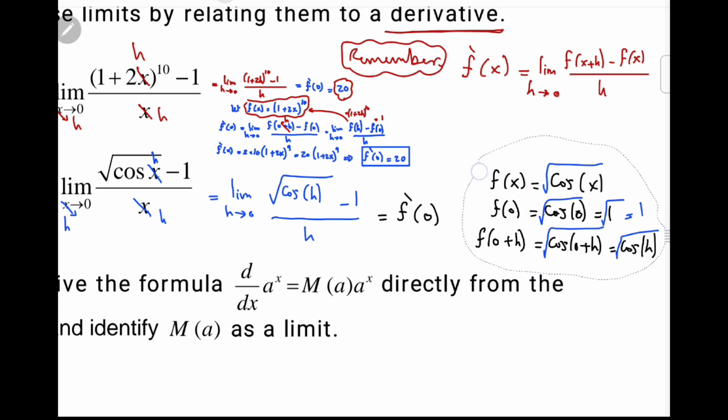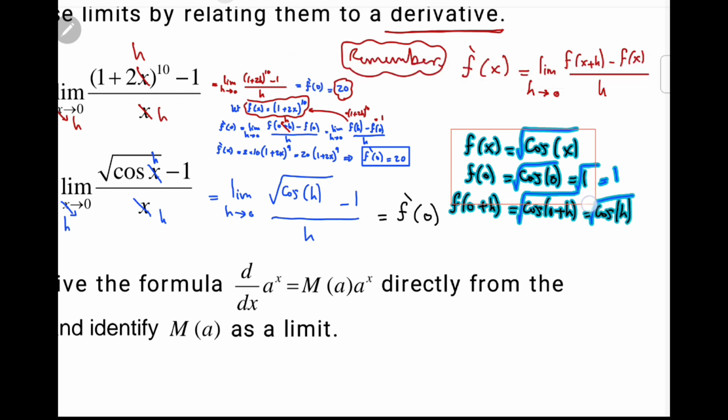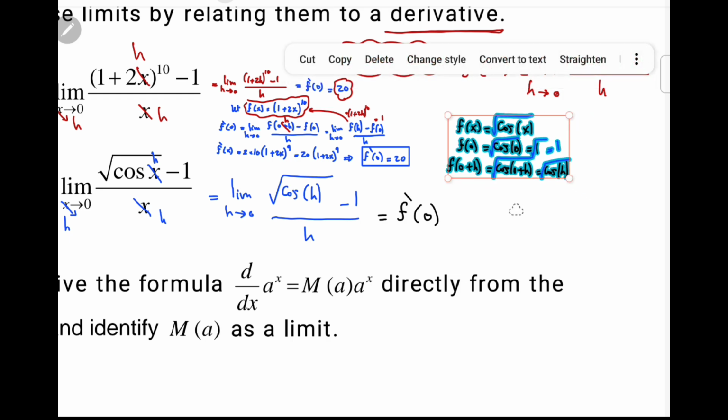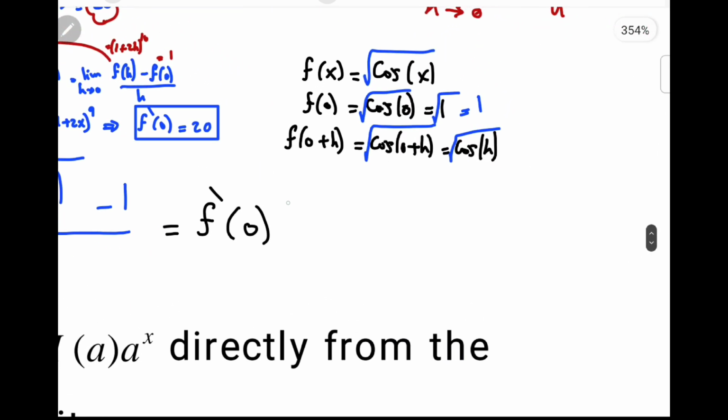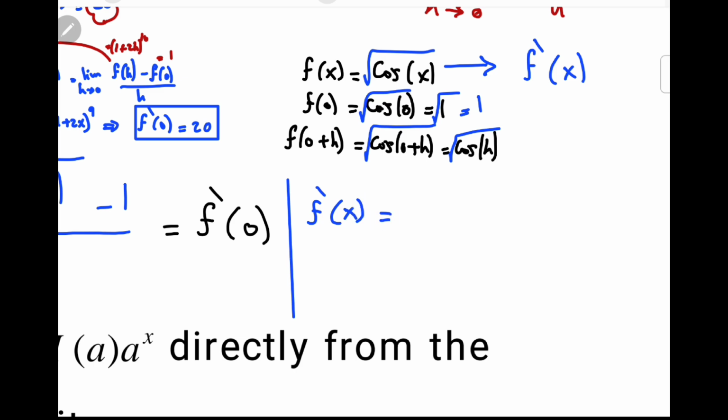So let me just minimize this. So in this case, we need to calculate the derivative of this function. Using the chain rule, this can be written as the derivative of the inside, which is minus sine x, divided by 2 times the square root of the inside, which is cosine of x.